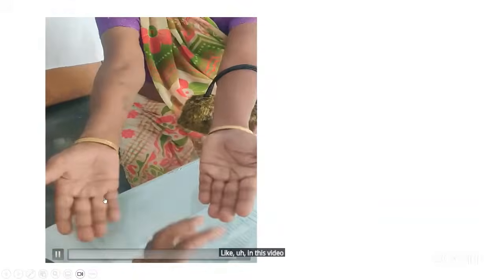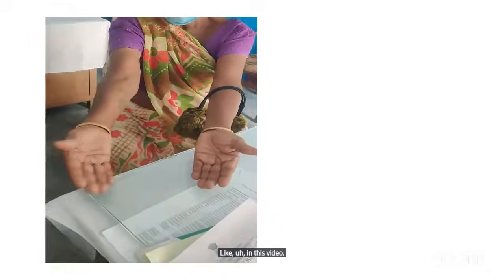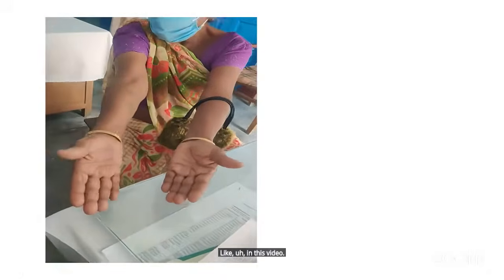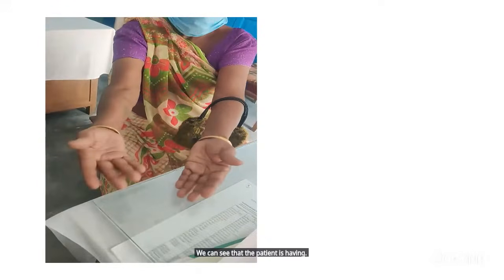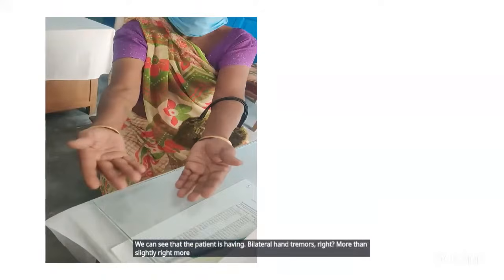Like in this video, we can see that the patient is having bilateral hand tremors, slightly right more than left.